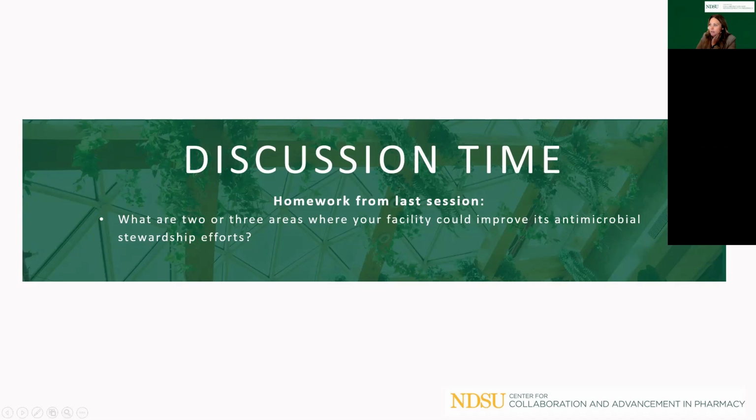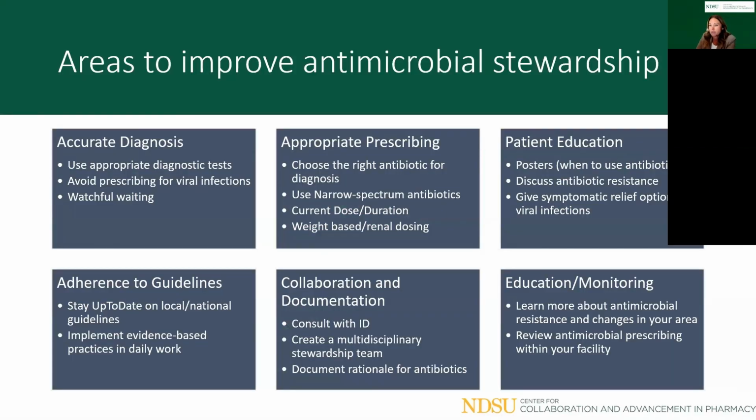Well, no worries. For no one feeling wanting to share at the moment, I have areas that we could work on. So areas that we can work on to improve stewardship is accurate diagnosis, using diagnostic tests to improve our diagnoses.